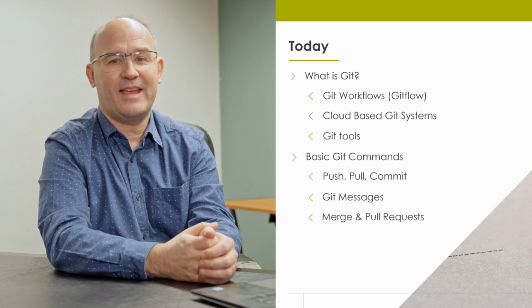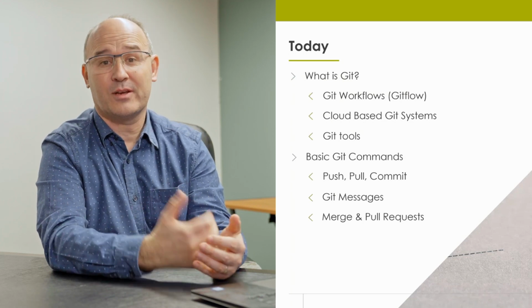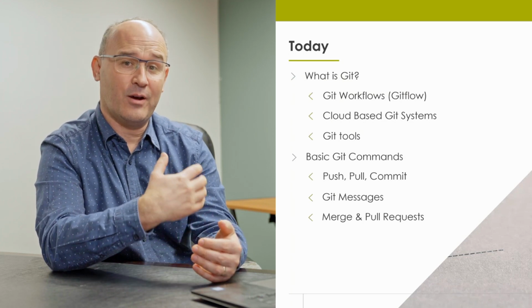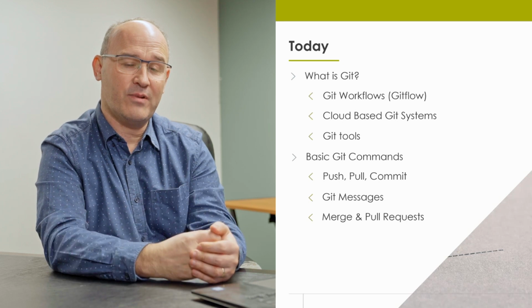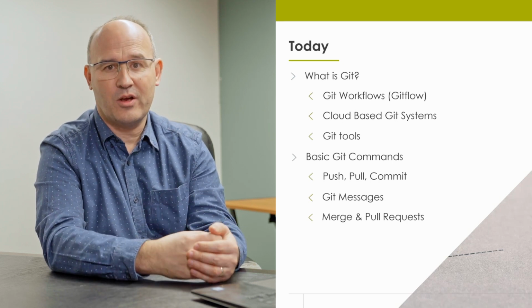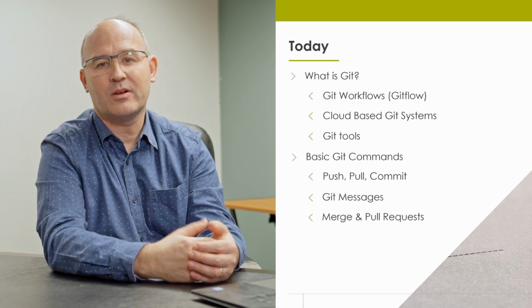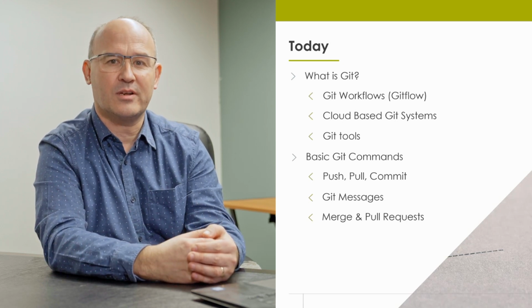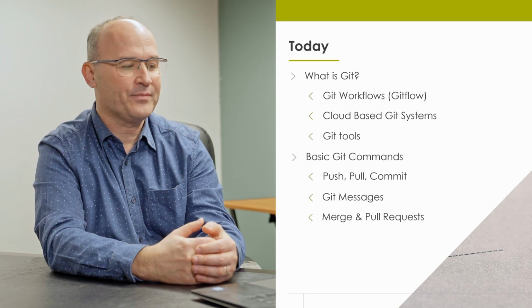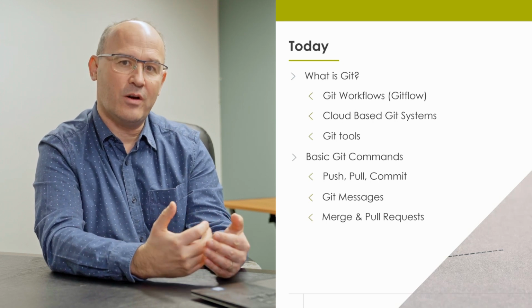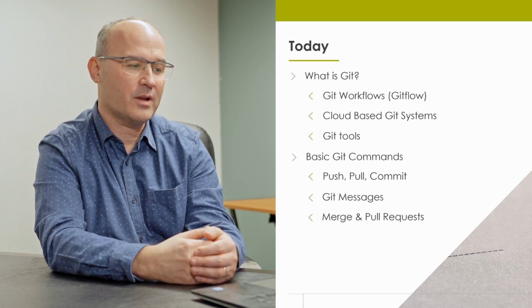So we're going to look today at what is Git. We're going to look at something called Git flow and see how Git flows in operation, from starting code to maintaining, developing, testing code. As I say, we're going to look at the cloud-based solutions that are often used with Git and the distributed way of versioning our software.